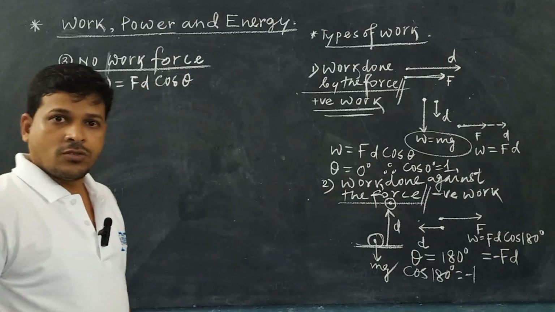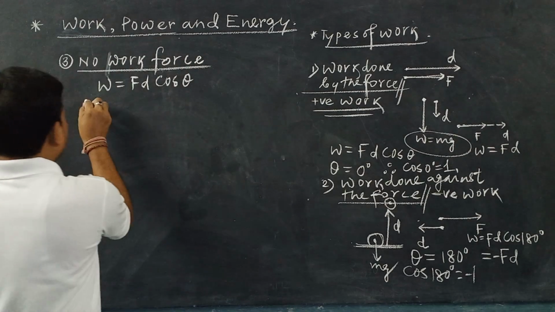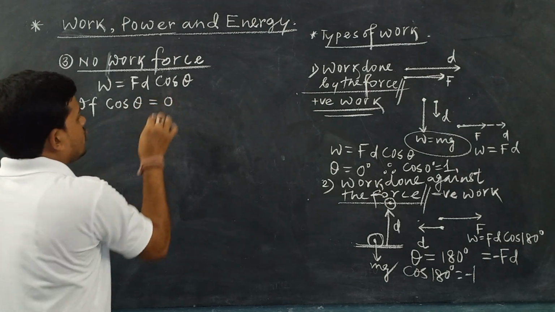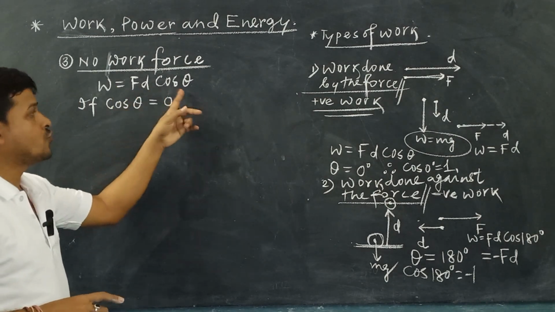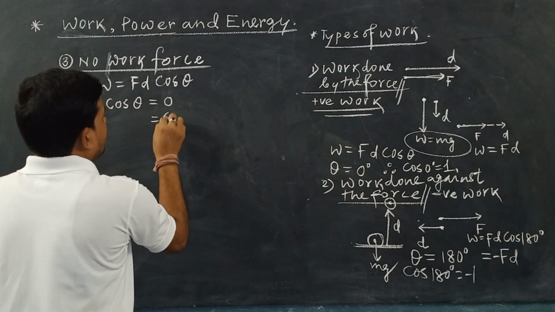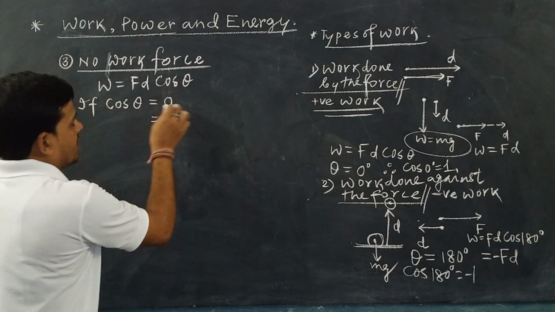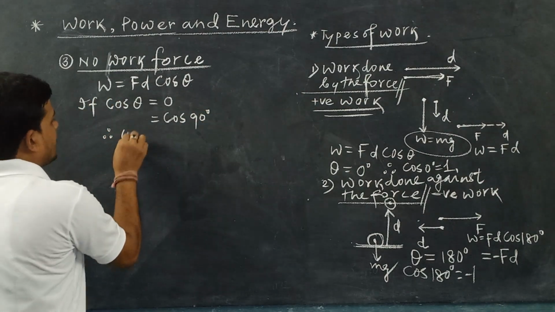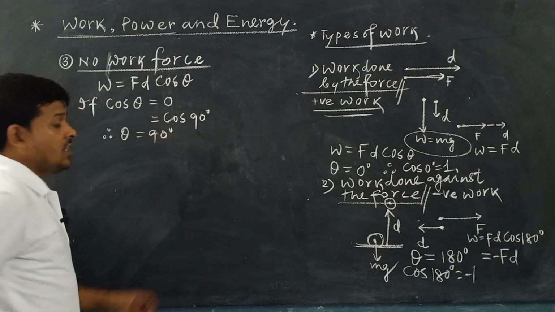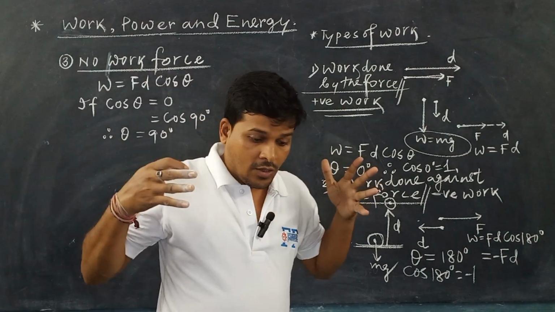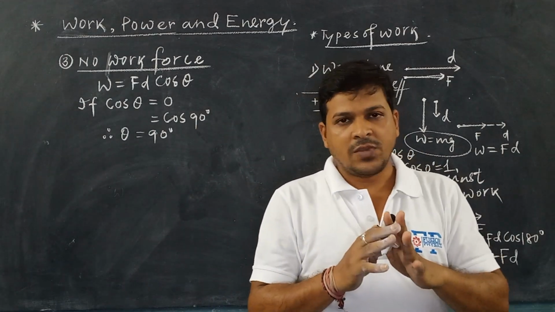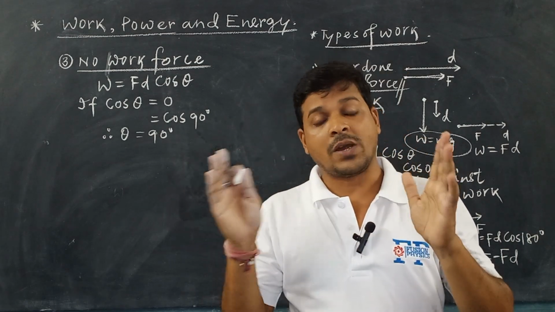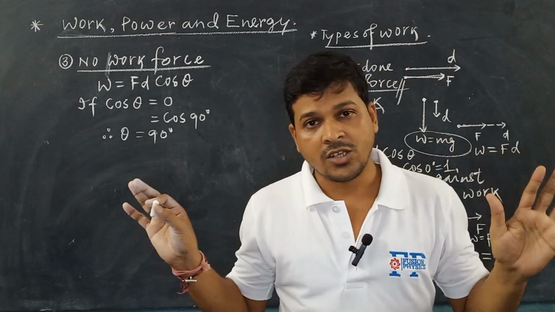If cos theta becomes 0, the work done F D cos theta will be 0, and this is possible only when theta equals 90 degree, since cos 90 degree is 0. If the displacement suffered by a body takes place perpendicularly to the action of the force, that means F and D are perpendicular, then no work is said to be done.